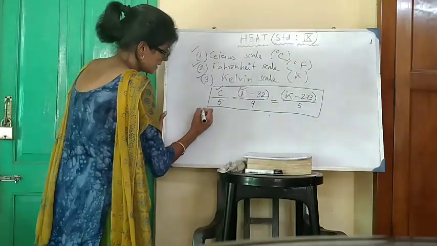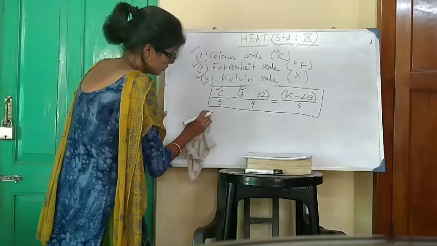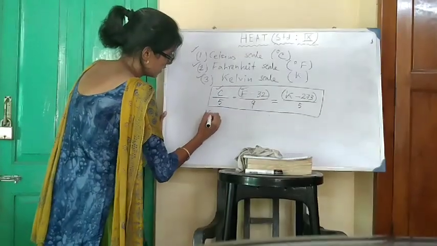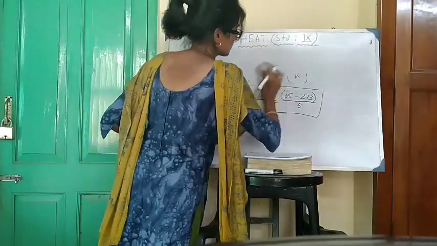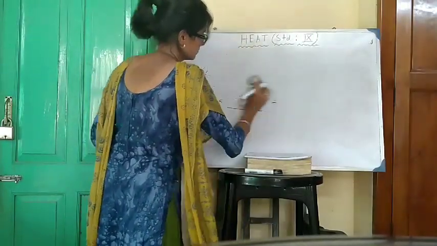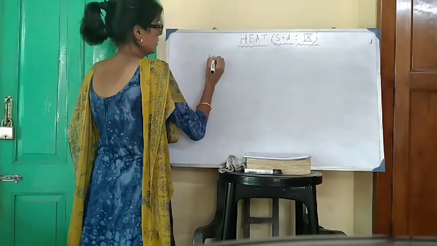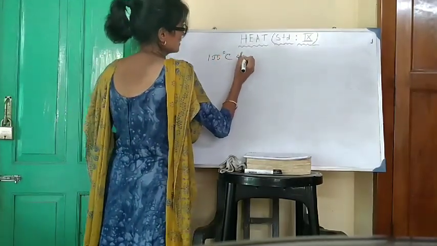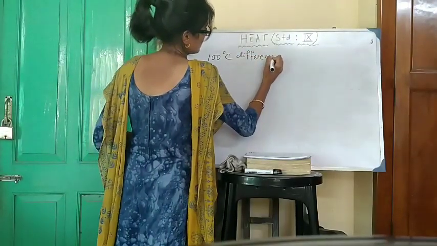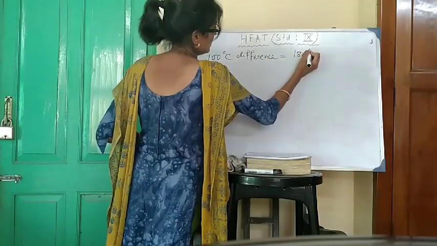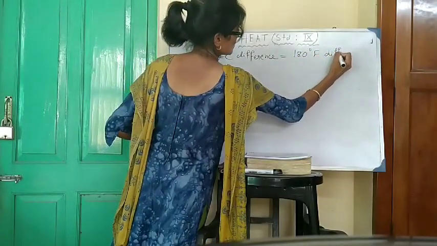We have done that the fundamental interval: 100 degree Celsius difference is equal to 180 degree Fahrenheit difference.